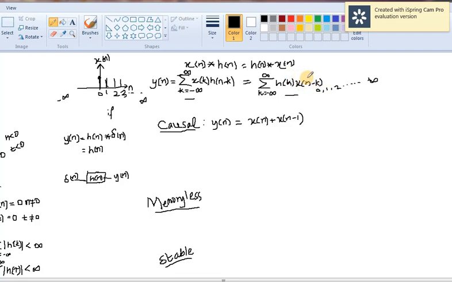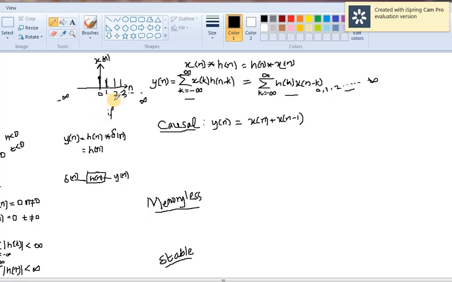Now we'll talk about this n minus k. This x of n minus k is, when k is 0, it becomes x of n. When k is 1, it is x of n minus 1. When k is 2, it is x of n minus 2, and so on.